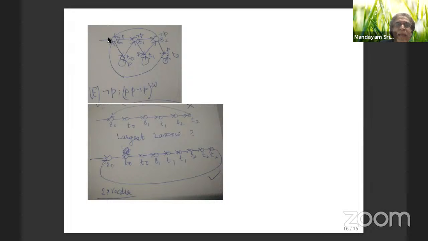You will see that this holds, because the path that satisfies has to go to this T naught, stay there twice, go back here, come back here, loop twice, go back here, loop twice, and then go back, okay?